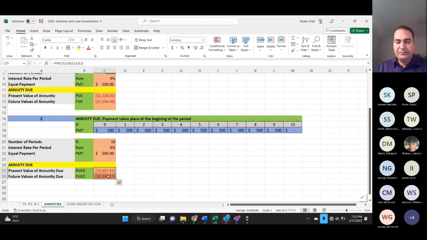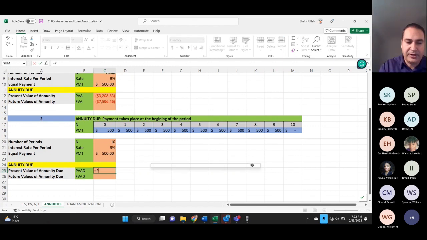All right. Now if it is an annuity due, remember the payment takes place at the beginning of the period, so that would be equal to again the present value formula. The only difference is that the type is 1. The rate is 9%, same problem. Number of periods is 10.